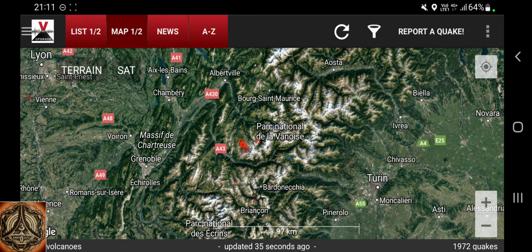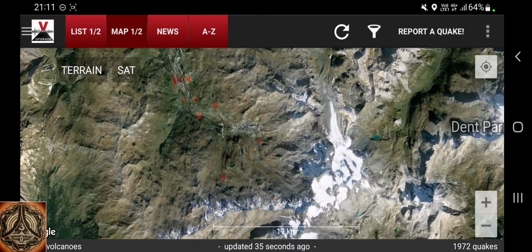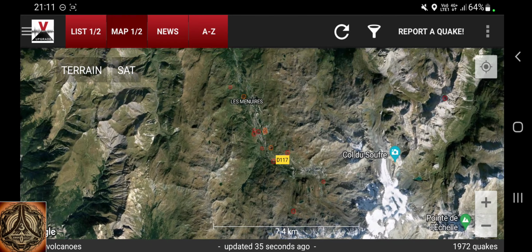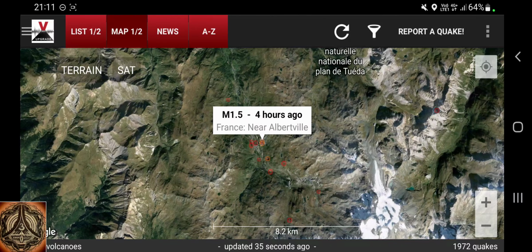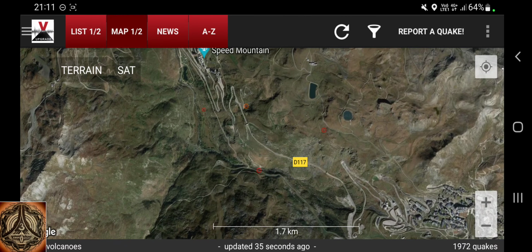because there is something going on, obviously, in one particular valley near Albertville. That's a hotspot, Albertville. Since quite some time there is something going on.